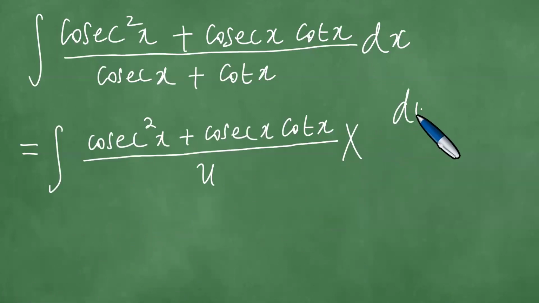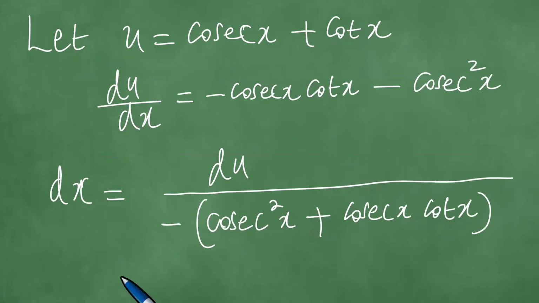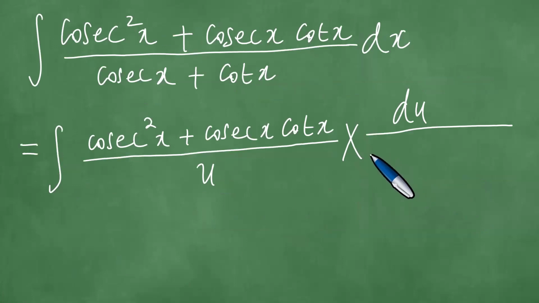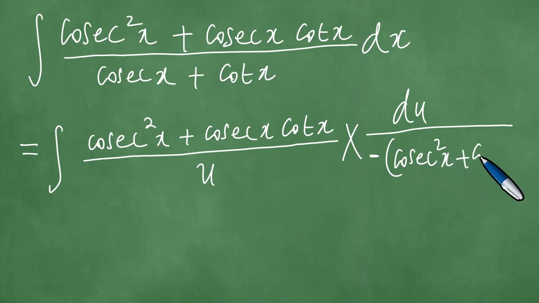Right, so it is du over the negative, this, which is negative the cosecant squared x plus the cosecant of x, and we multiply there by the cotangent of x, and we close the bracket that way.